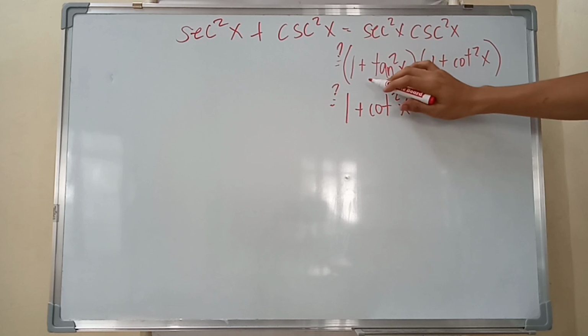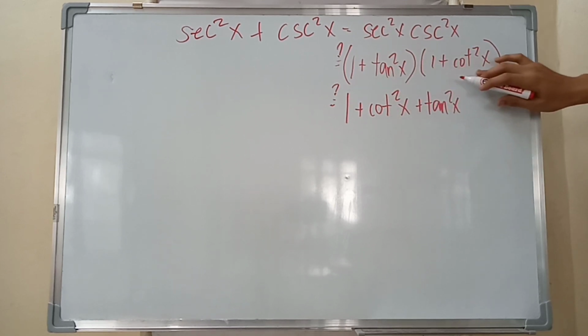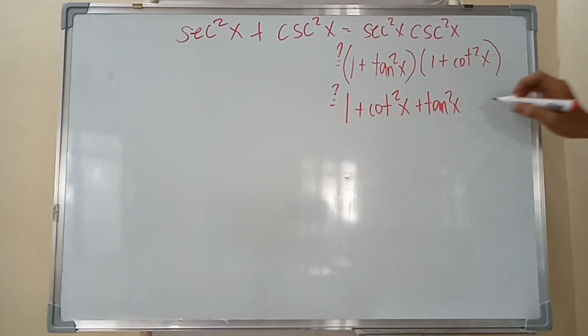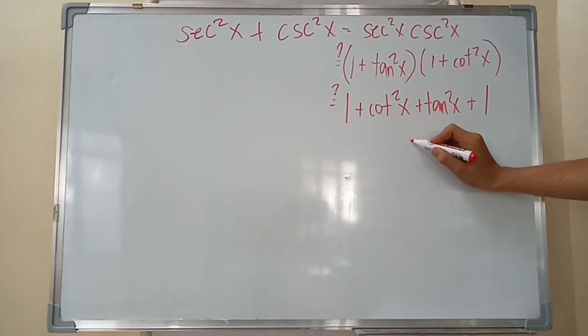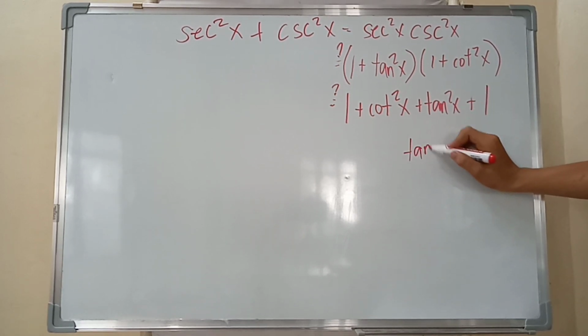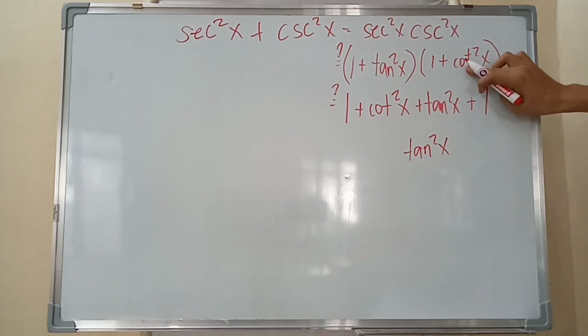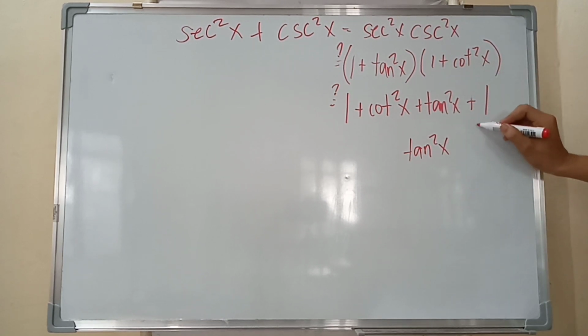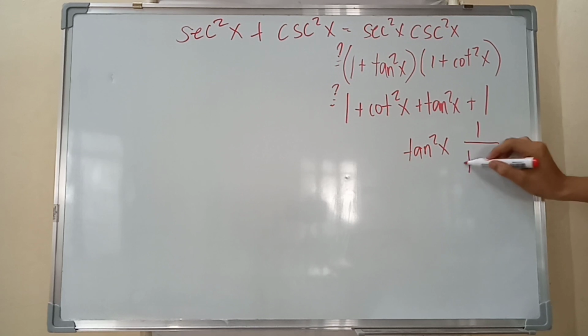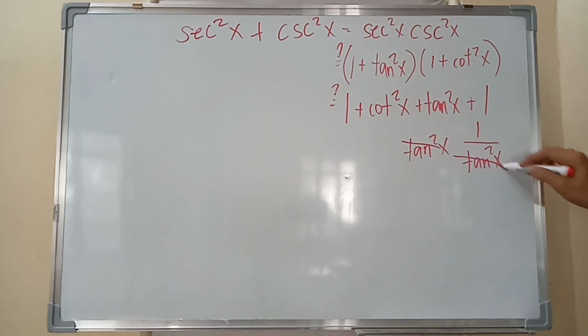Then, tangent squared x times cotangent squared x is magiging 1. So, try natin. Yung cotangent squared x is magiging 1 over tangent squared x. Tama? So, cancel, so magiging 1.